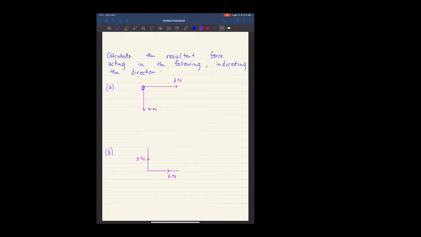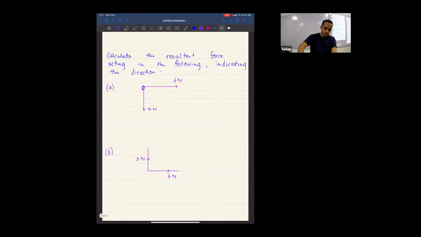So guys, this one, part A, I'll help you with part A. You need to draw the triangle like this. First I will draw the 6 newtons, and from where I am ending the 6 newtons, I will draw the 4 newtons downwards.